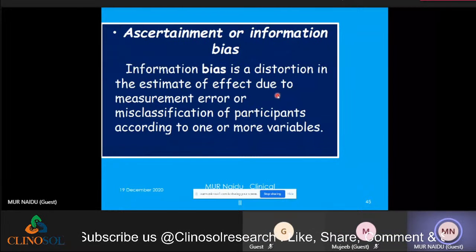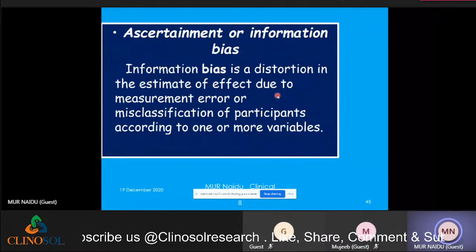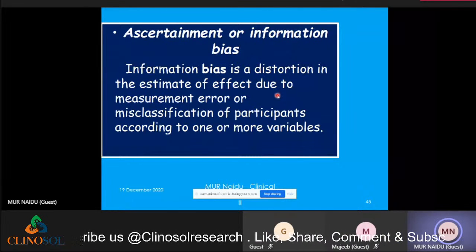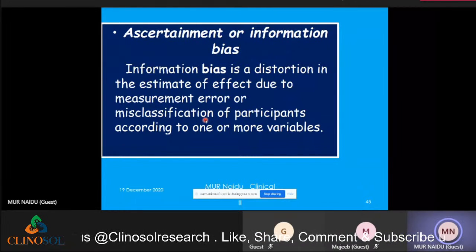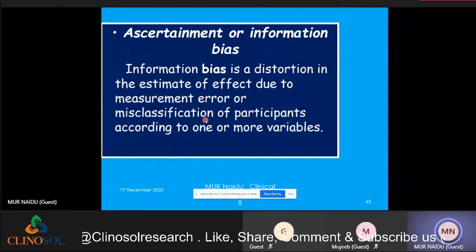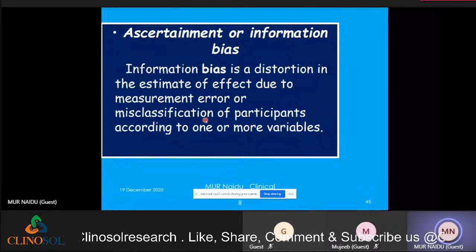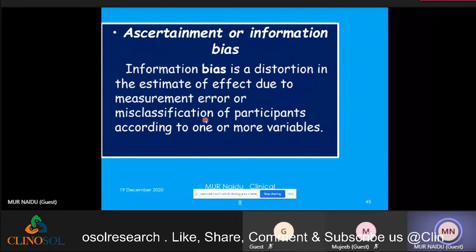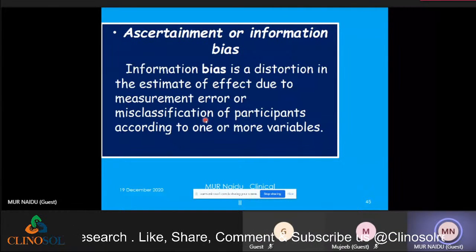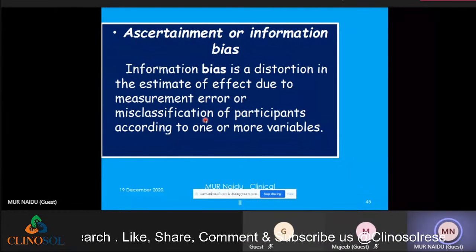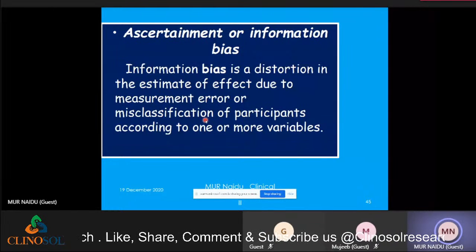I told you that you have to classify the patient as per your inclusion criteria and exclusion criteria. You have misclassified. In the case of osteoarthritis, the example which I gave, I only wanted to include patients with stage 2 and stage 3. I did an X-ray, but I have not bothered to really say stage 2 and stage 3.